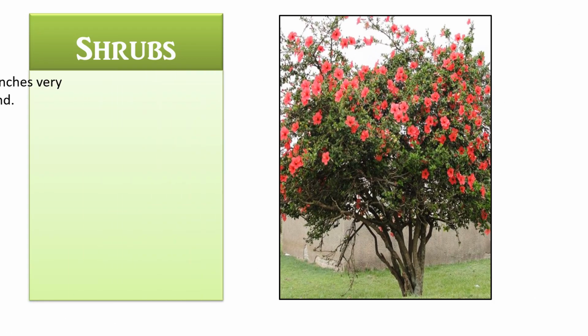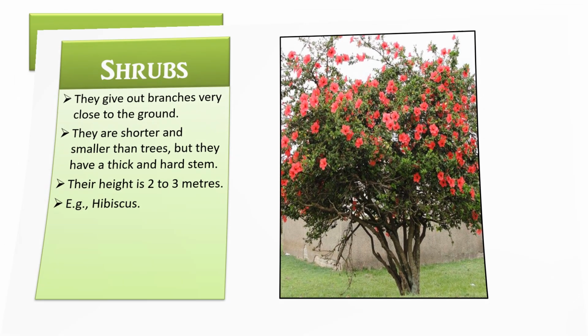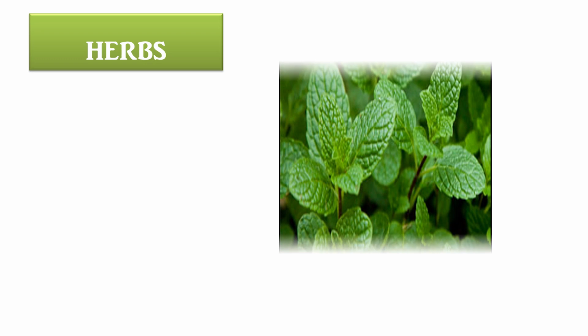Shrubs. They give out branches very close to the ground. They are shorter and smaller than trees, but they have a thick and hard stem. Their height is 2 to 3 meters. Example, hibiscus plant. Herbs.